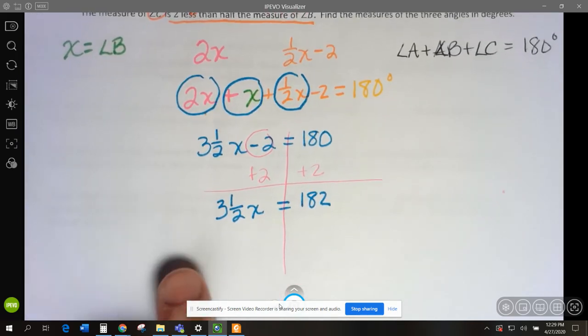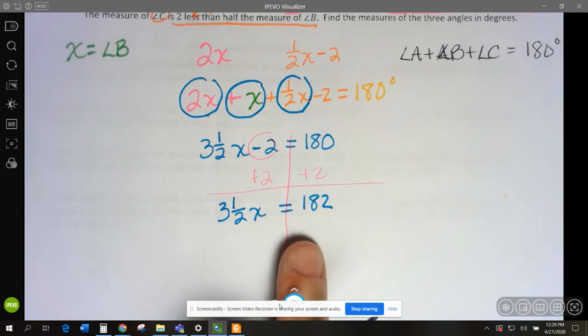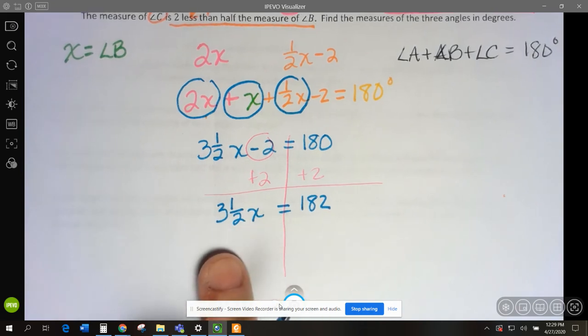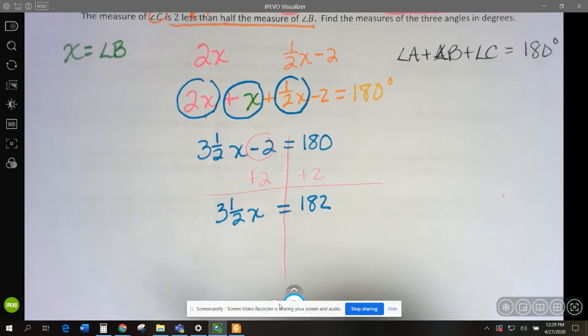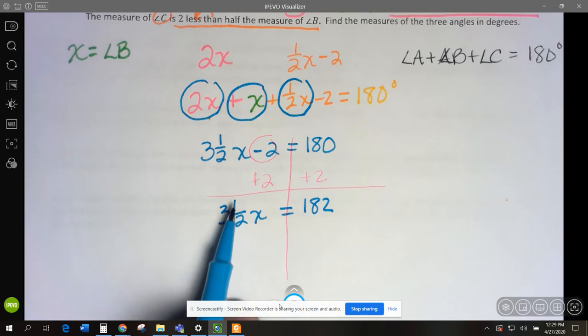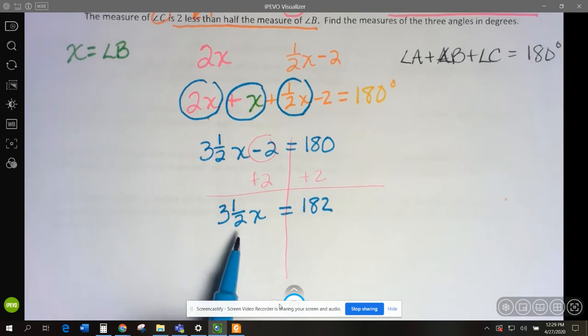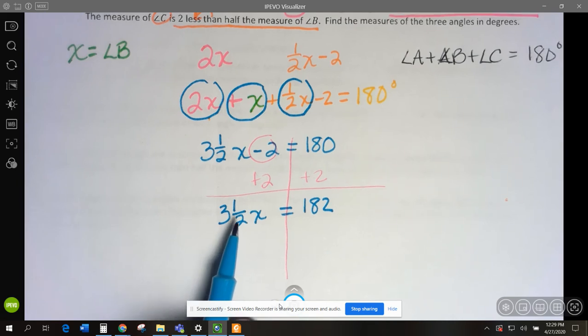Well, now this is multiplying. To get rid of multiplying, we need to divide. We have a fraction. How do we divide by a fraction? We have to multiply by the reciprocal. But in order to get a reciprocal, this has to be an improper fraction. So we take this mixed number and change it to an improper fraction.